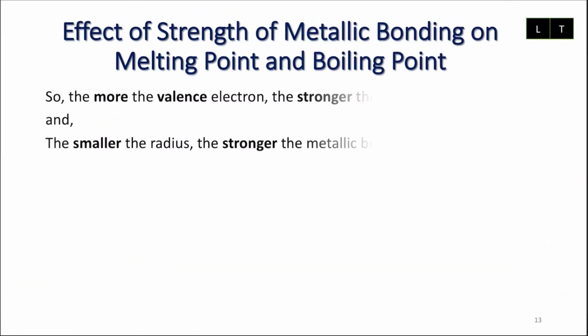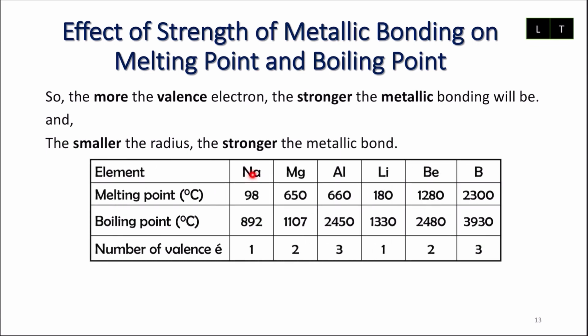So inilah yang kita maksudkan daripada case di mana awak nak lihat relationship between stronger metallic bonding due to the smaller atomic radius from the higher number of valence electrons. Awak boleh nampak dekat sini, from sodium until boron, the number of their valence electrons makin bertambah, dan you can see that sodium, magnesium and aluminium adalah period 3, while lithium, beryllium and boron adalah daripada period 2.